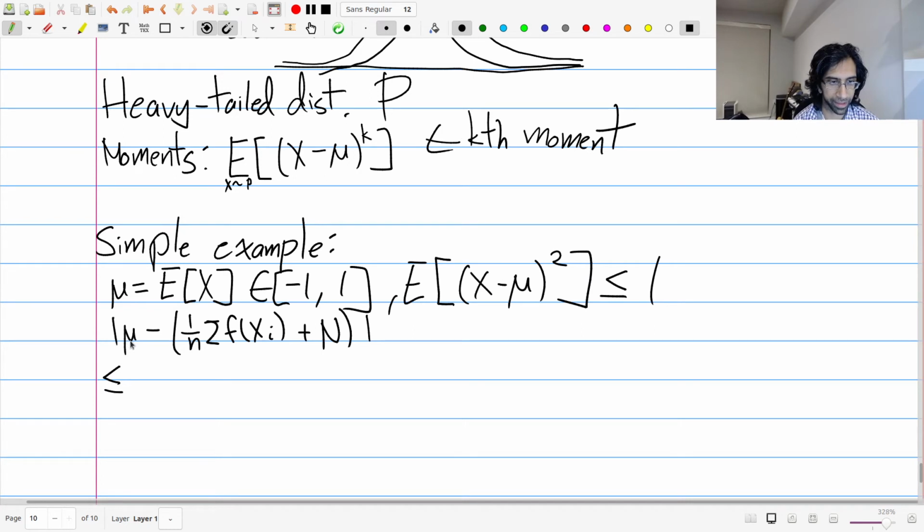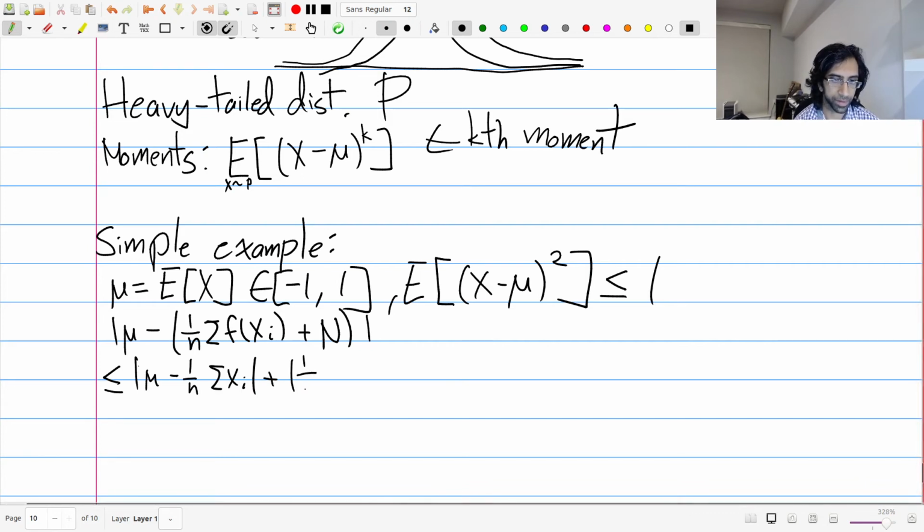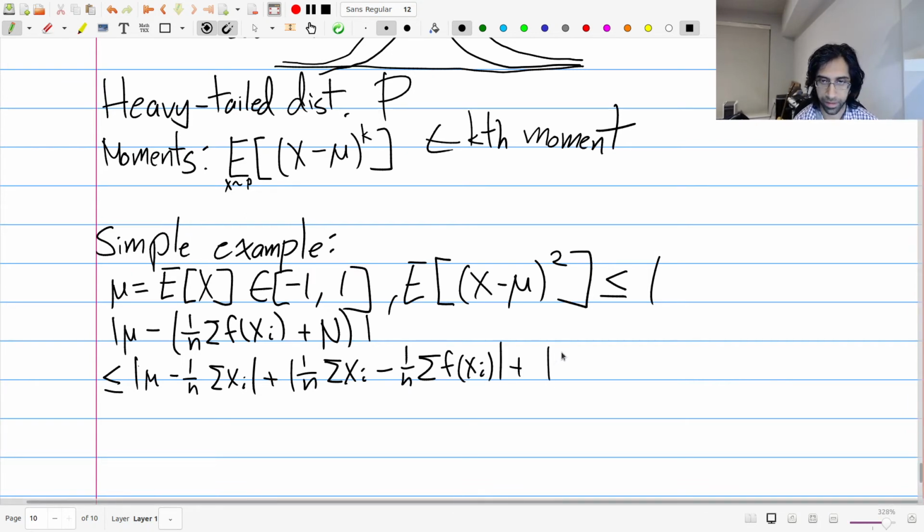So this is saying that the difference between the mean and a noisy version of our clipped mean will be upper bounded by mu minus 1 over n summation of xi, plus summation of xi minus 1 over n summation f of xi, plus this.